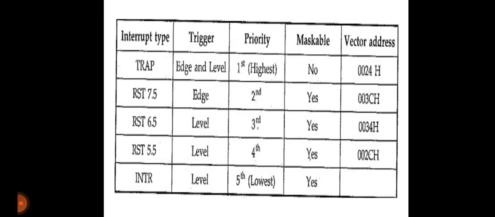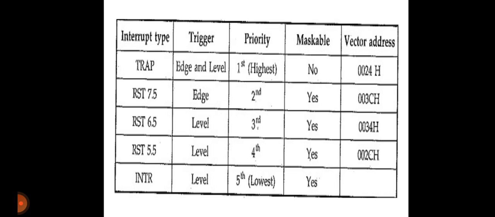Next is the summary of all the interrupts. First is the TRAP interrupt. This is edge and level triggered and has the first priority. It is not maskable and its vector address is 0024H. The second one is RST 7.5.